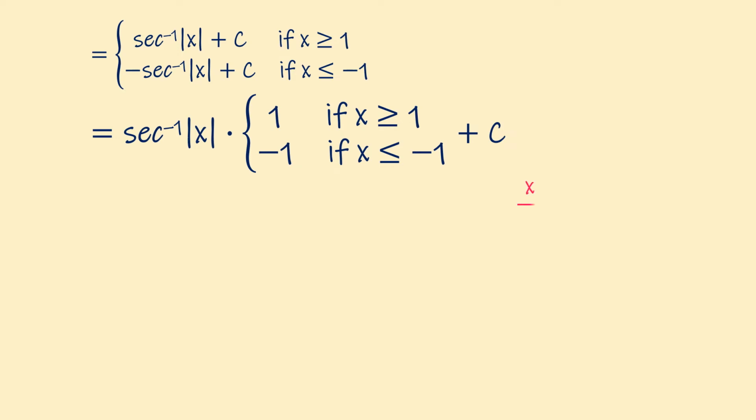Now, consider the quotient of x and its absolute value. It is equal to 1 if x is greater than or equal to 1, or it is equal to -1 if x is less than or equal to -1.